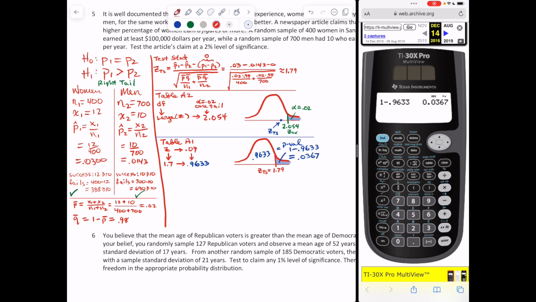Okay, so our p-value is 0.03, and then I'll obscure the 6.7. The point is that the 0.03 is bigger than alpha, which was 0.02.